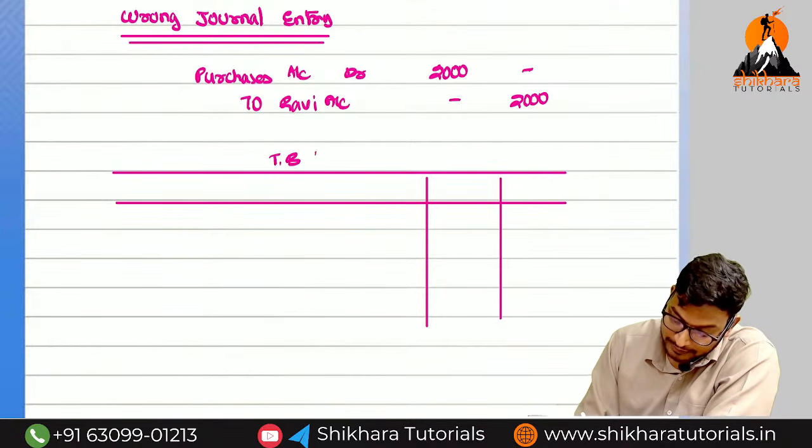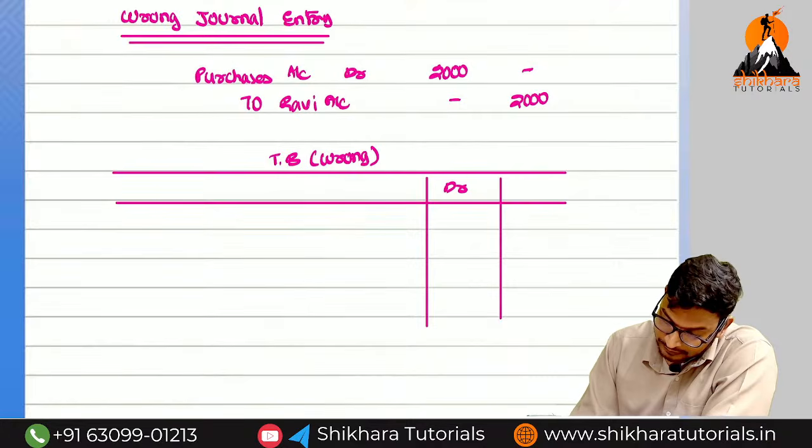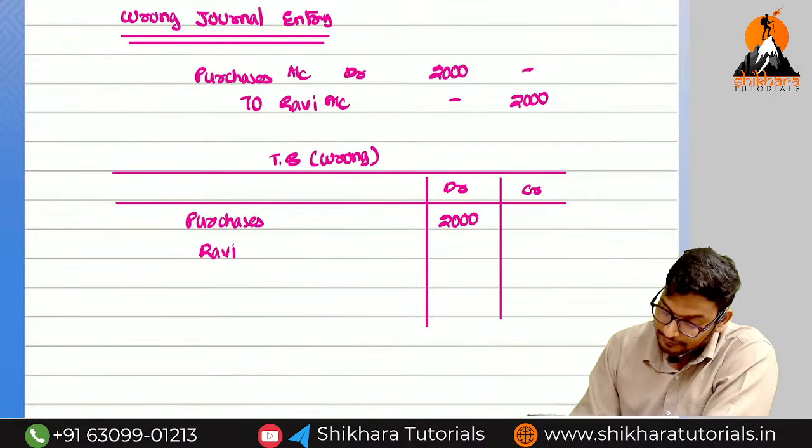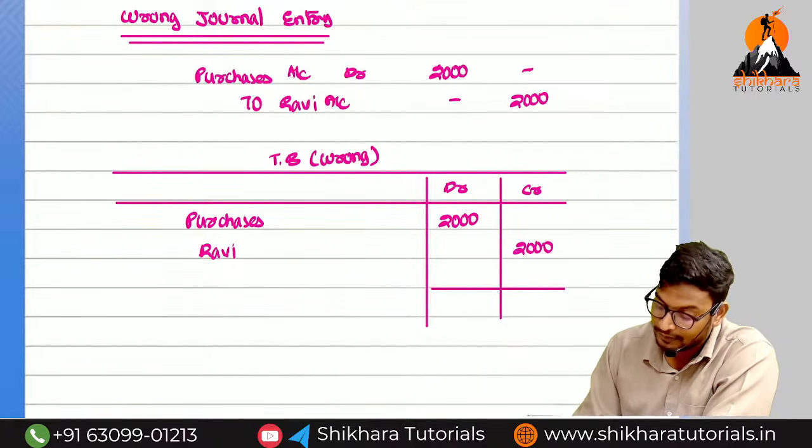This is a wrong trial balance. So DR and CR. Purchases, how much? 2000 on the debit. Ravi 2000 on the credit. So is this wrong or right? This is a wrong trial balance.